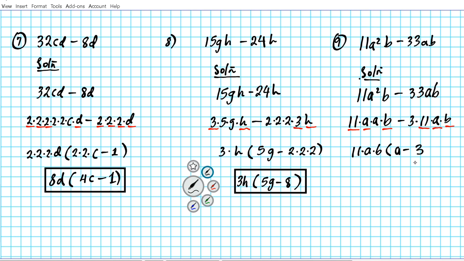Let's simplify it. 11 times A times B is just 11AB times A minus 3. And that's the answer to question number 9.